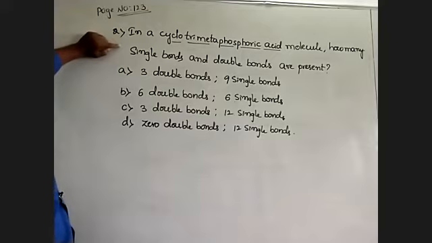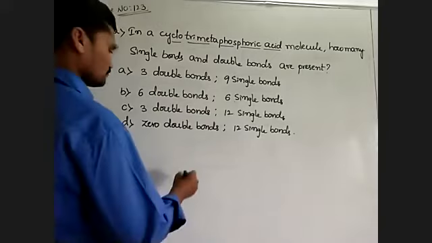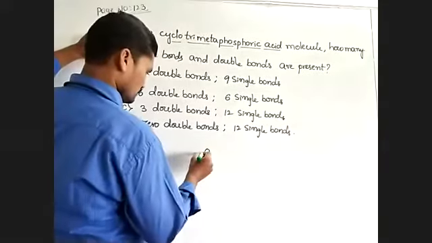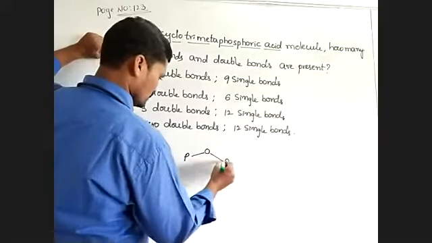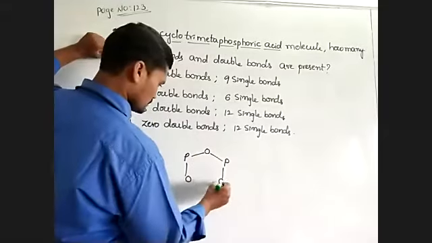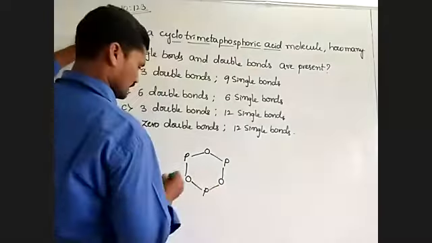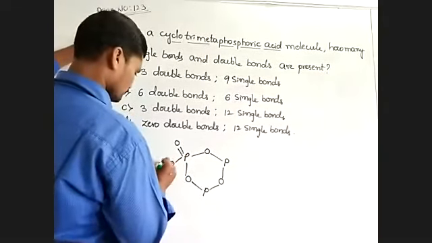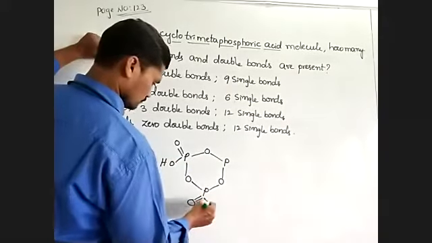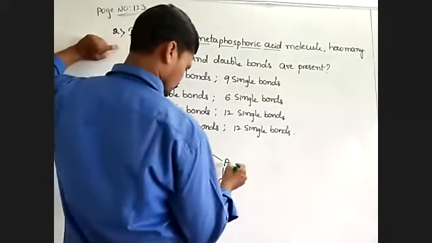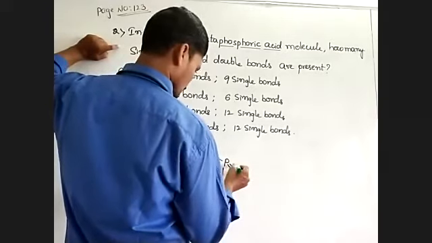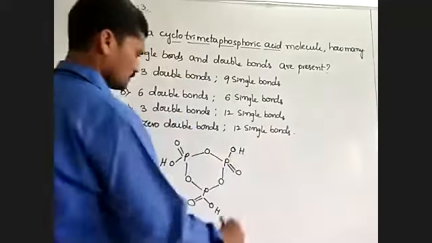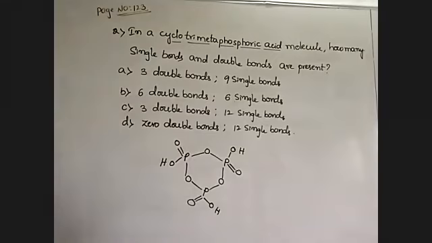So cyclo-trimetaphosphoric acid means this is the structure of the cyclo-trimetaphosphoric acid, right? Okay, this is the cyclo-trimetaphosphoric acid.